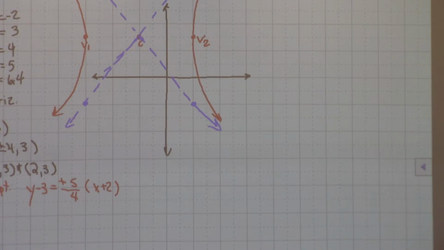And all we have left to put in is the what? The foci, yes. Foci, doesn't matter. All right, so foci. Foci are also going to be in the horizontal, aren't they? So they are going to be h plus or minus what this time?